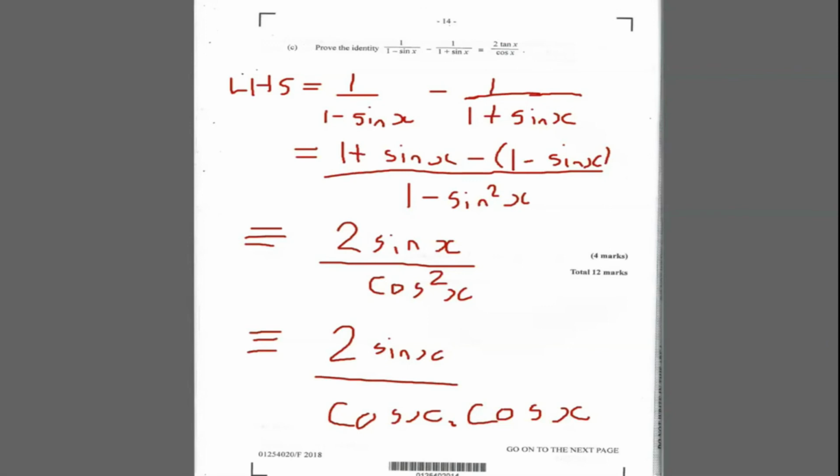Now 2 sine x over cos x, sine over cos is tan. So this works out to be 2 tan x over cos x. Nice and easy. So this is your right-hand side. Nice and easy for this proof.